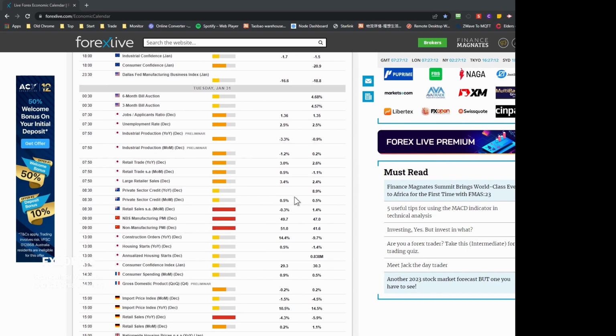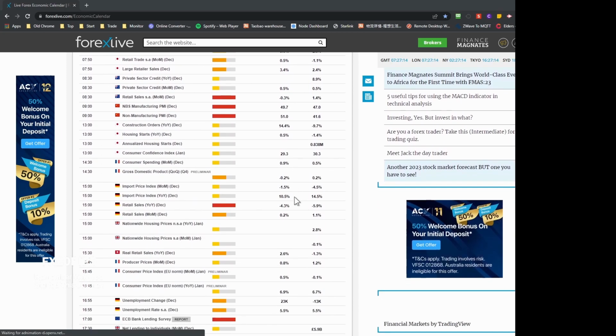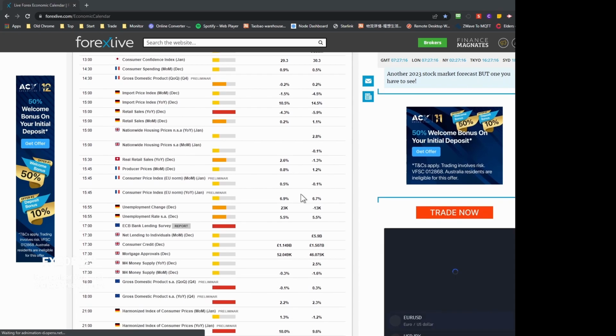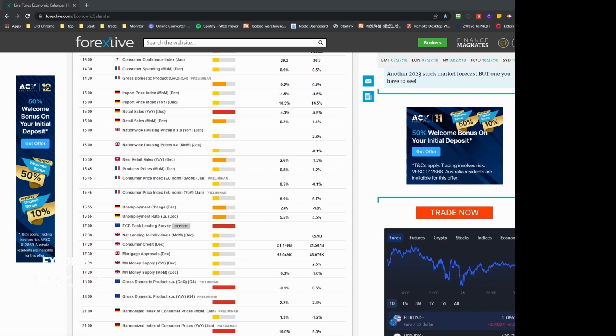For Tuesday, same thing. Okay, I will take note of this. Some Euro news, basically Euro news. I will take note of it, as per previous explanations. Will it affect my decision to trade?